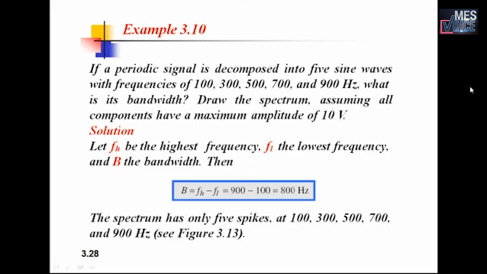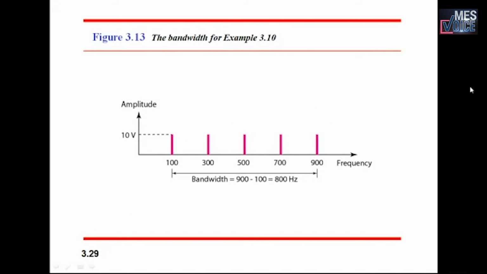We know that the bandwidth will be frequency highest minus frequency lowest, which is 900 minus 100, equal to 800. The spectrum will look like 5 spikes in the frequency domain. All the amplitudes correspond to 10 volts, and each individual spike corresponds to the respective frequency.